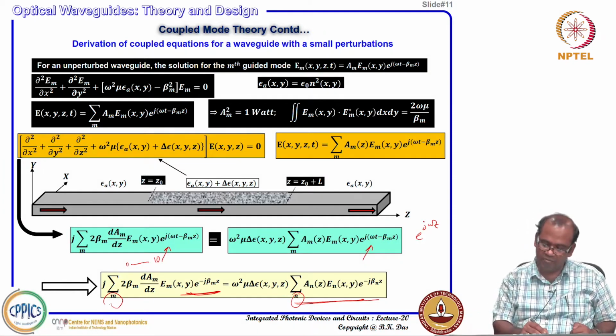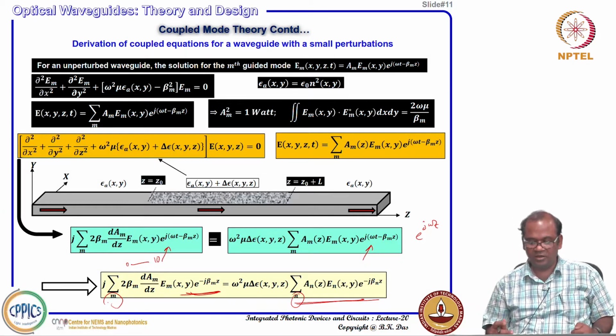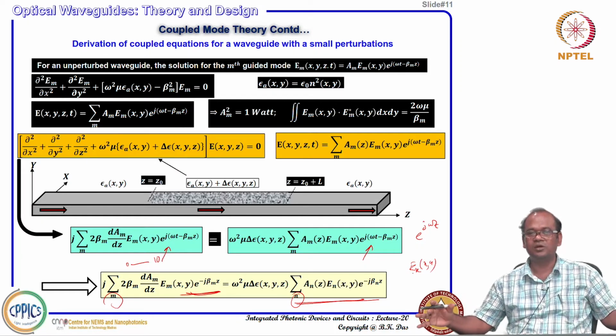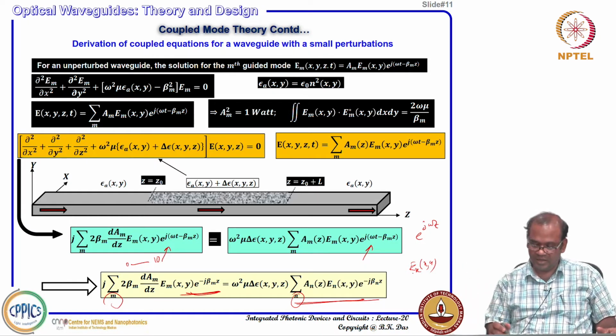We could write a_m on both sides, that is fine, but if we treat them independently, then we can look at any other certain mode, for example E_k(x,y). If I try to see with respect to E_k(x,y) what is happening in both terms, to compare that, I use a separate index here, this is m and this is n.